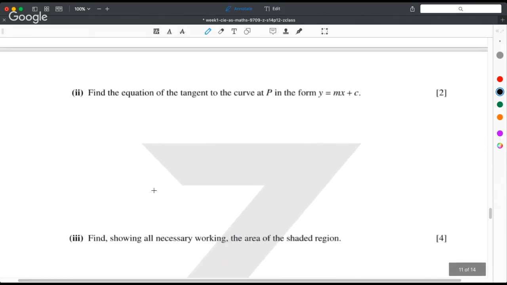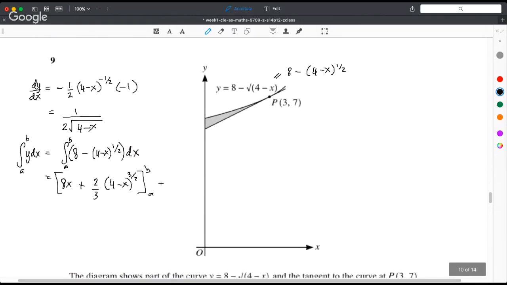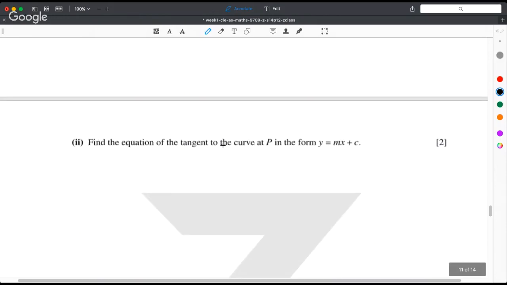So now they want the equation of the tangent to the curve at p. Well, what do we know about tangents? Well, we know that they have the same gradient as the curve at that point. So dy/dx, which is the gradient of the curve, evaluated at p, is equal to, if we just plug it in, 1 on 2 square root of (4 minus 3), because that's the x value of that point.